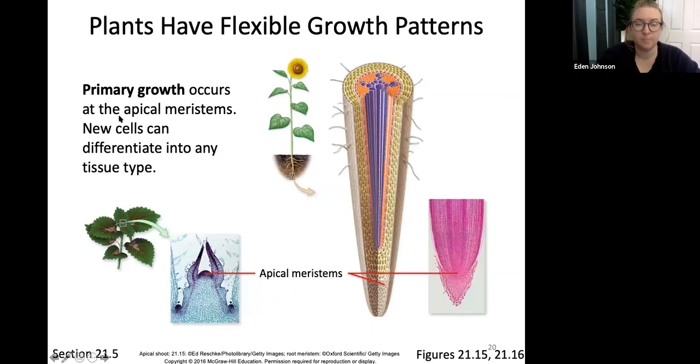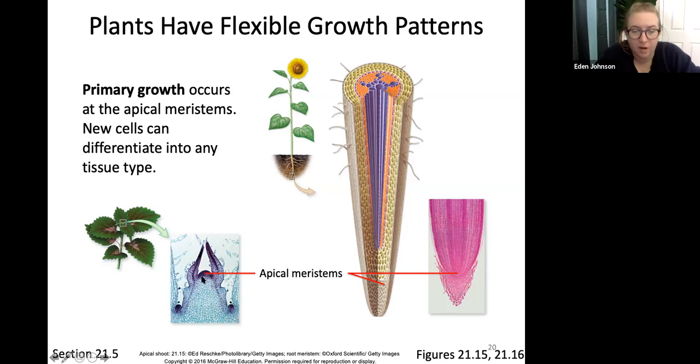Primary growth occurs at the apical meristems, the shoot apical or the root apical meristem. New cells can differentiate into any tissue type. You can't see the root apical meristem as well, but these are areas of active cell division, and then it has this sort of cap that protects it.